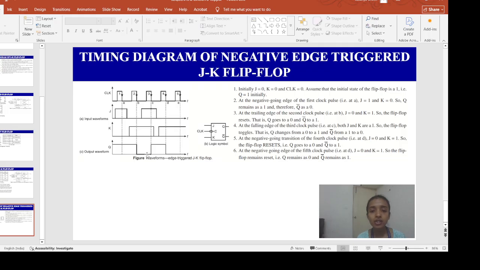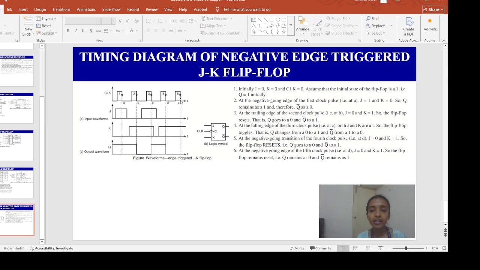That means now Q will change its state from 0 to 1, and Q bar will change its state from 1 to 0. At the negative going edge of the fourth clock pulse, at point D, you can see J is 0 and K is 1. So now the flip-flop will reset. That means Q will go from 1 to 0 and Q bar will go to 1.